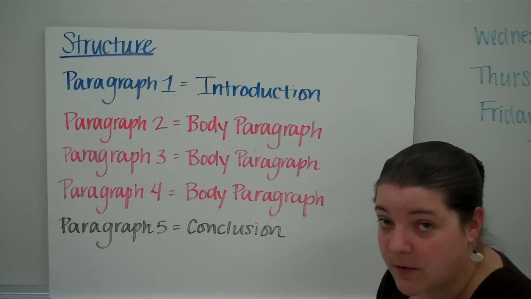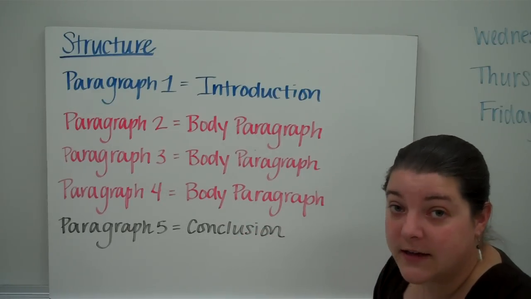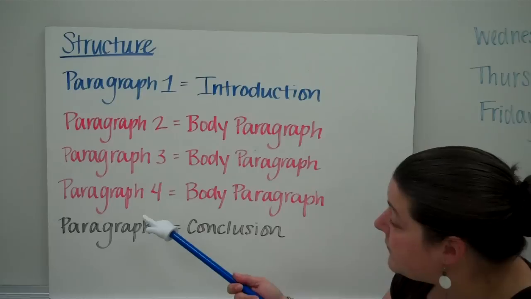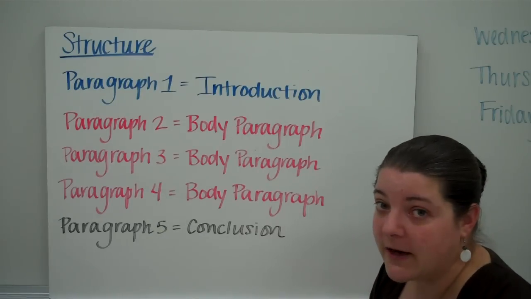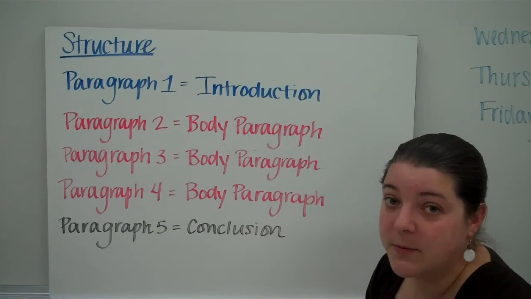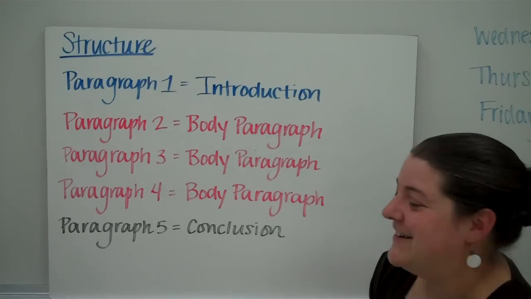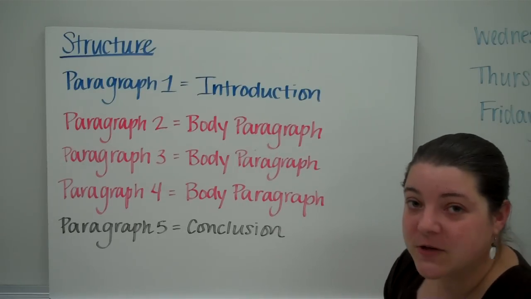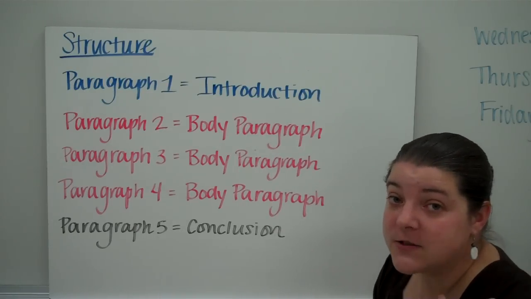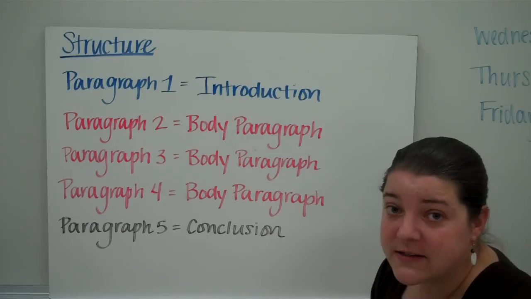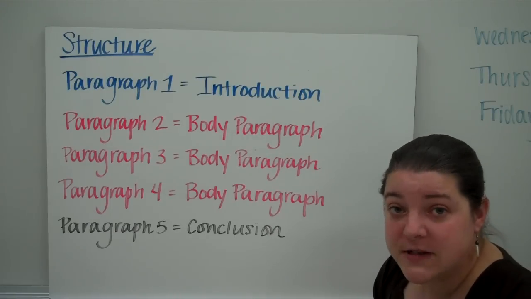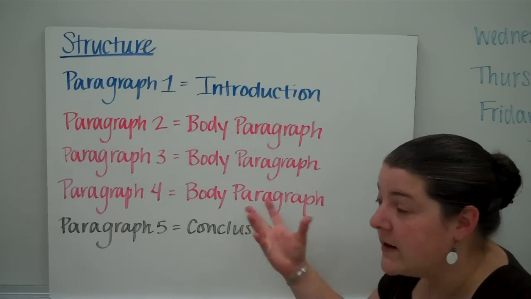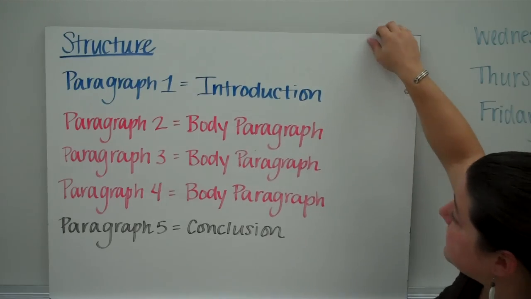Paragraph 3, also a body paragraph. And again, you'll be supporting your idea. Paragraph 4, also a body paragraph. And again, you'll be supporting, guess what, your idea. Paragraph 5 is actually your conclusion, and that's where you're going to make a synthesized statement to your audience about what it is you've been talking about.